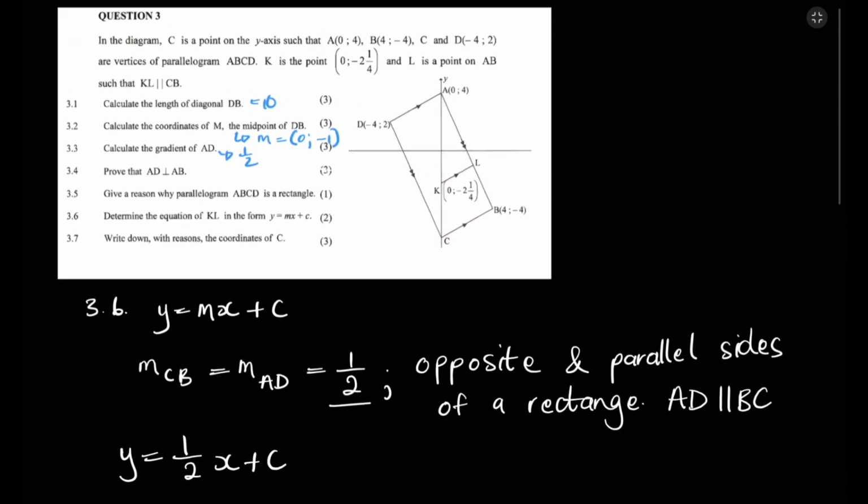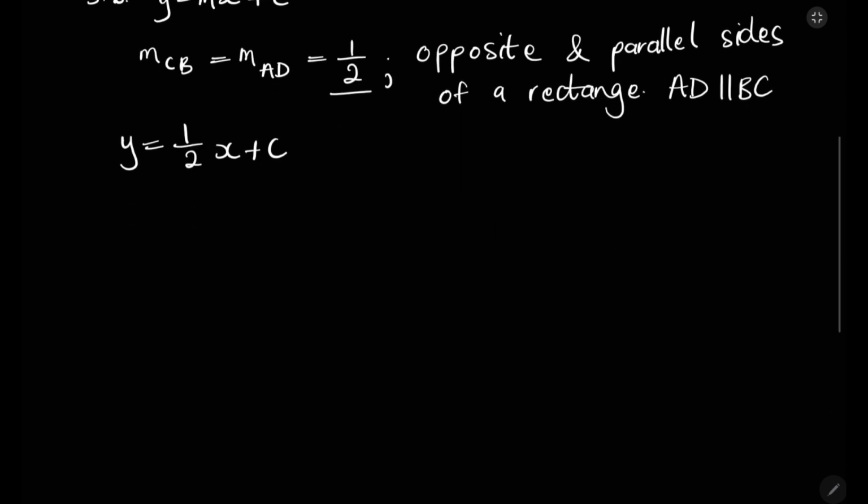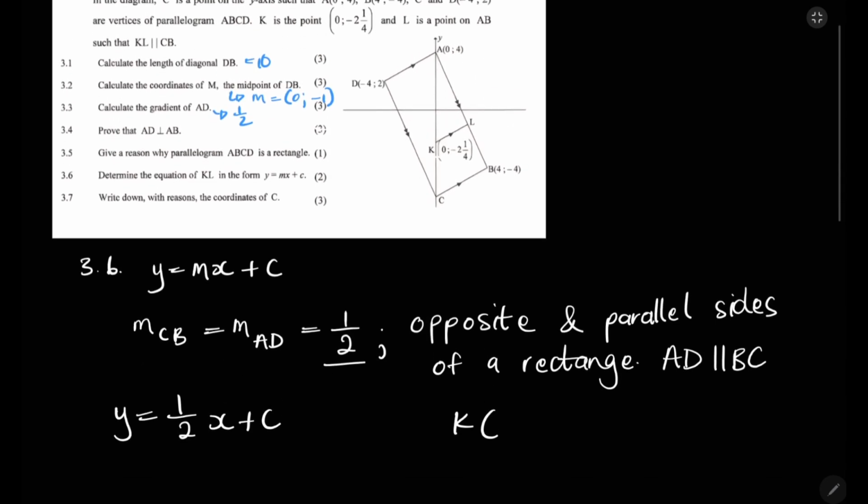Now which point can we substitute? Remember they say the equation of KL. KL, so we can substitute this point K. What are the coordinates of K? The coordinates of K are 0 and -2, 1 over 4. It's a mixed fraction.